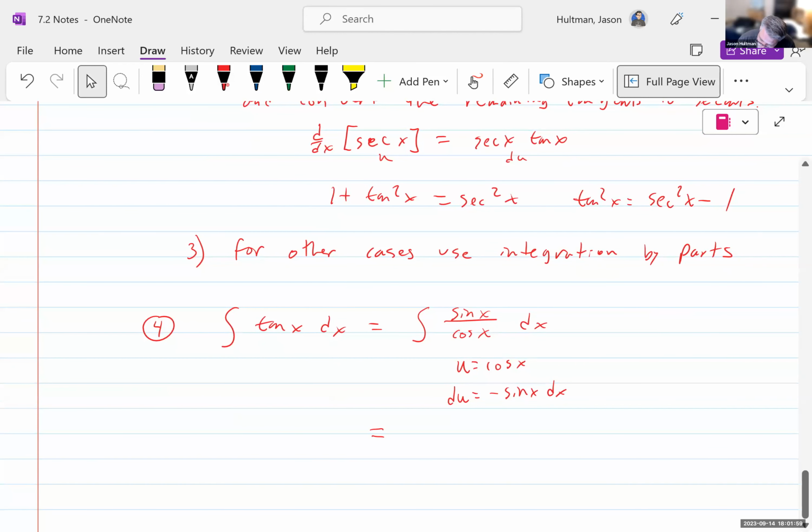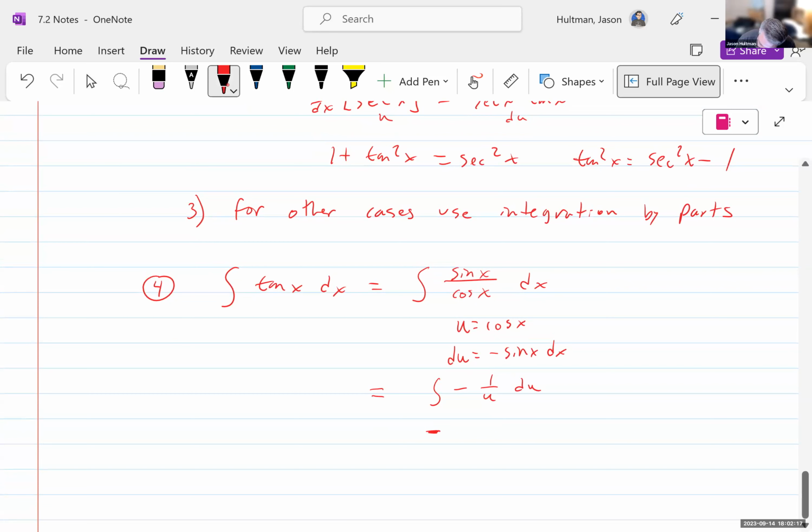So this would be equal to the integral of negative 1 over u du. And so this is negative times the integral of 1 over u du. And what is the integral of 1 over u? ln.